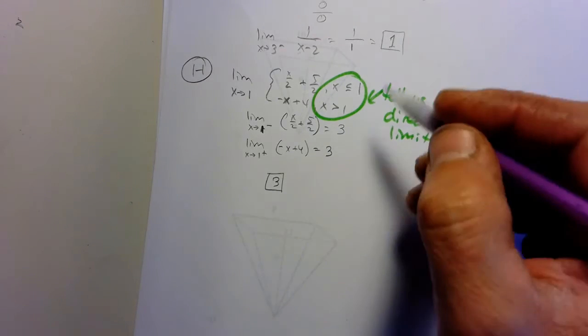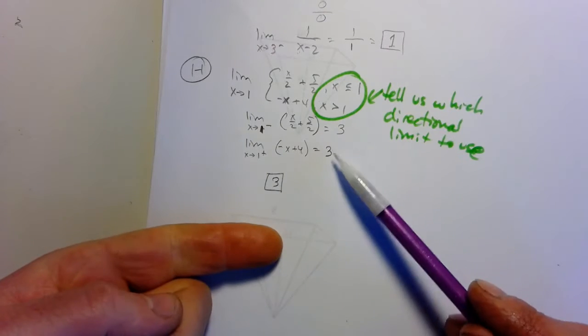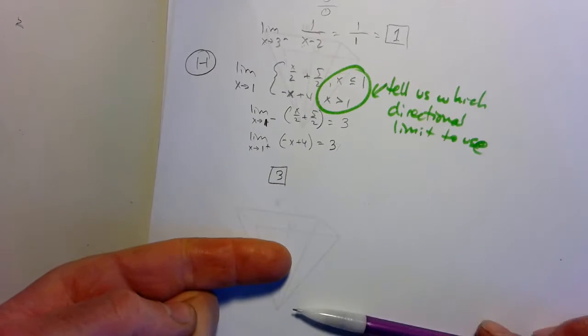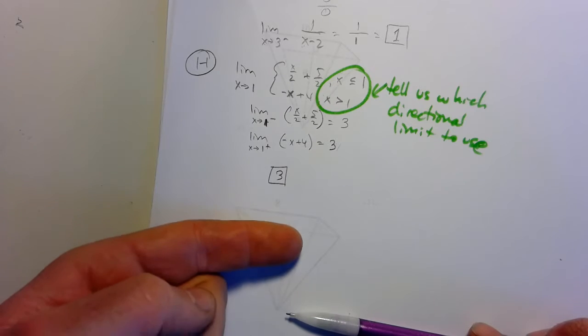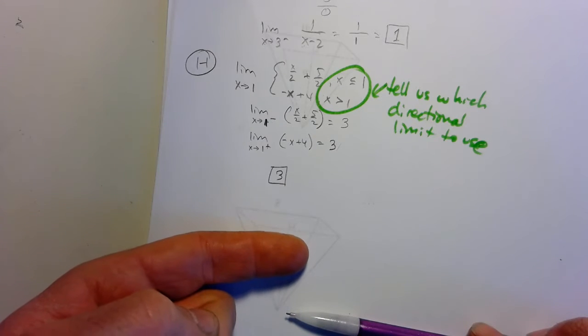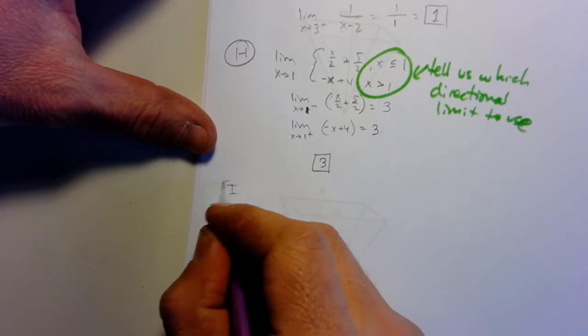If I do these and these two numbers are different, let's say this is 3 and that's 2, it means one side's approaching 3 and one side's approaching 2. Then the general limit wouldn't exist because it jumps from one to the other. Okay? In order for a general limit to exist, the directional limits have to agree.